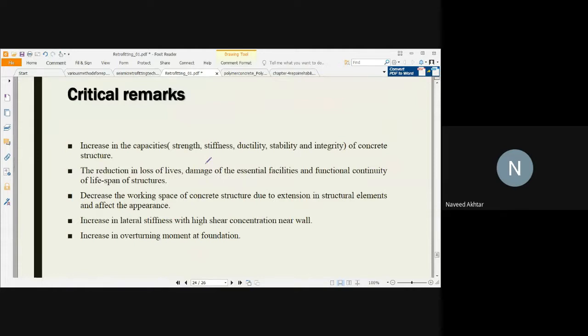Retrofitting is used for strengthening the stiffness, ductility or strength of the structural element, and the stability and integrity of the structure can be improved.